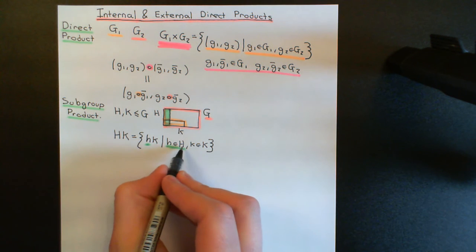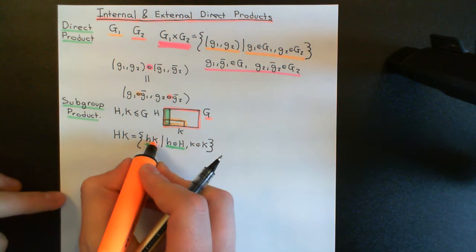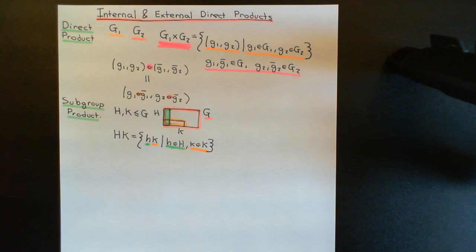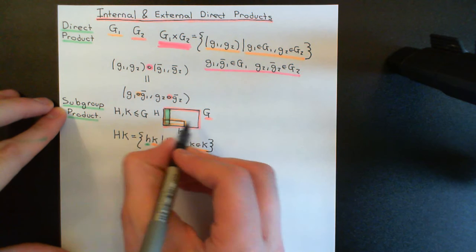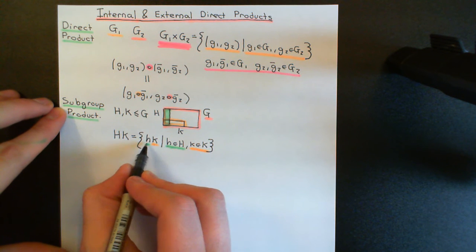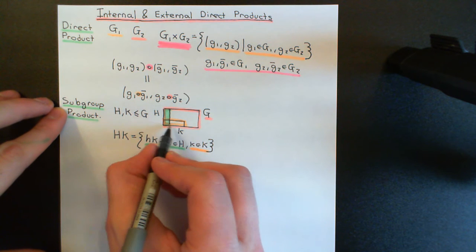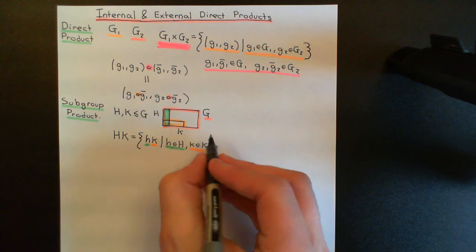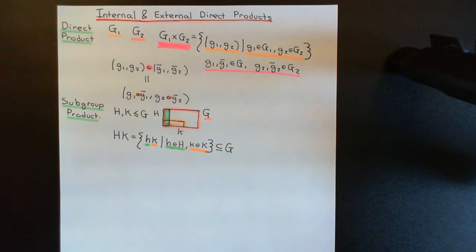I'm going through every single element of capital H, and for every element of capital H, I want you to compose it with every single element of capital K, every little k that's in capital K. Take all of these compositions, all of them are going to be answers in capital G, because fundamentally all of these elements, little h and little k, are in capital G, so you're just composing two elements of capital G together, so you'll get another element of capital G back as the answer. So this will always end up as a subset of capital G, and in general that's all you can say.